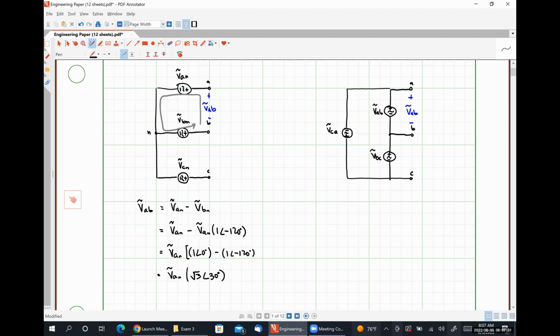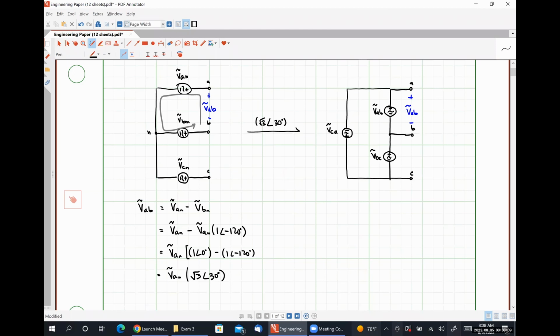So effectively, if we want to go from a Y-connected source to a delta-connected source, we simply multiply by a factor of square root of 3 angle 30 degrees, right? So the A phase of our delta-connected source is simply the A phase of our Y-connected source multiplied by root 3 angle 30.